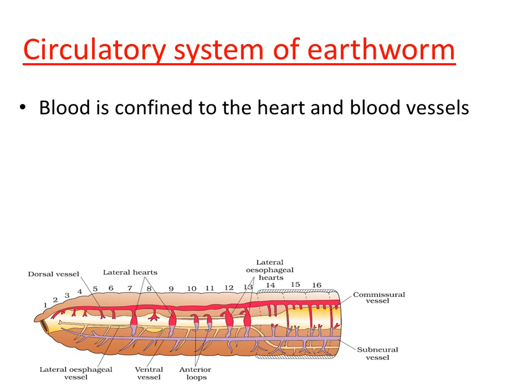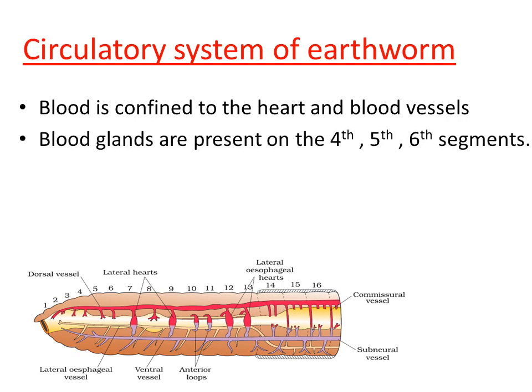The heart pumps the blood to blood vessels, and blood vessels send blood to the blood capillaries, then it circulates to each and every part of the body. Because the blood is circulated between heart and blood vessels, the type of circulation is called closed type of circulation. So the circulation of blood is confined to heart and blood vessels, right?